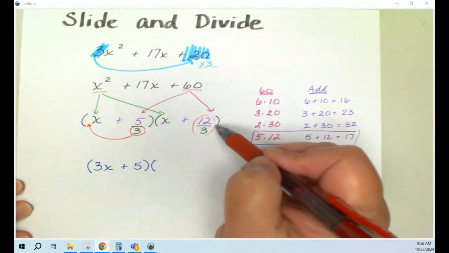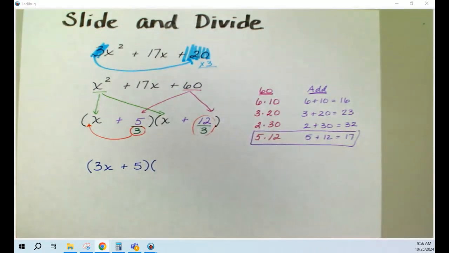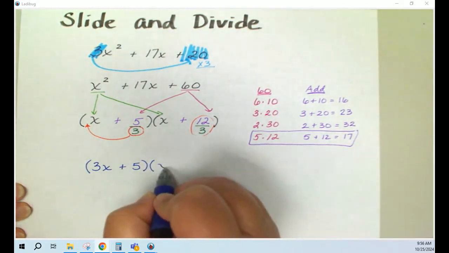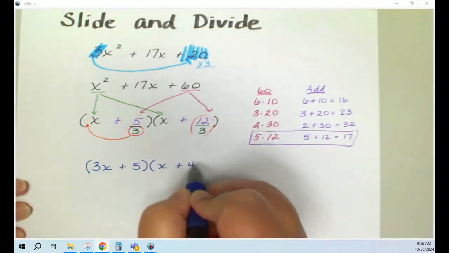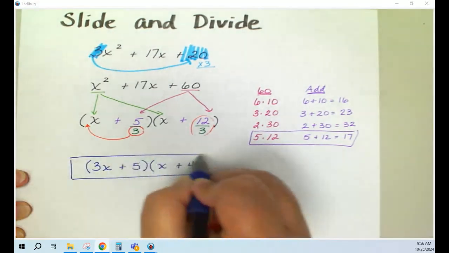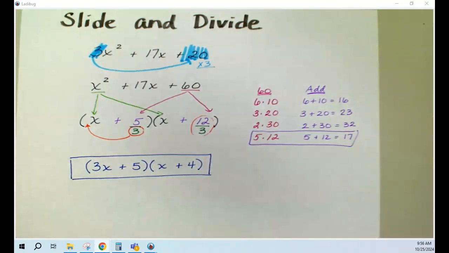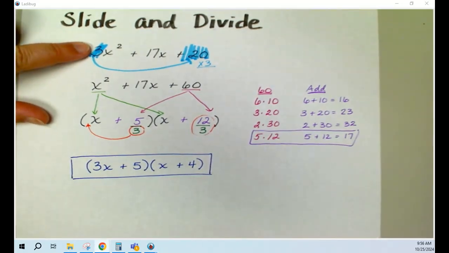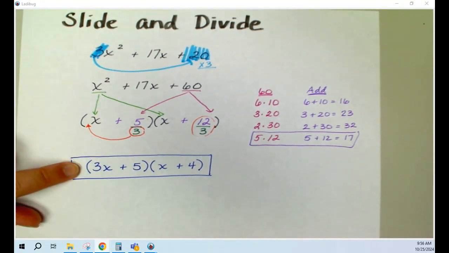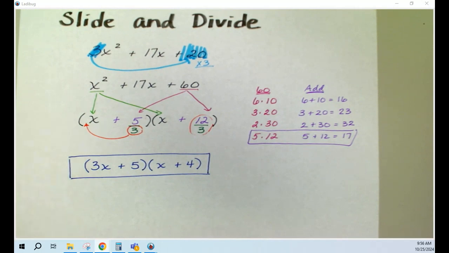But notice that 12 over 3 will divide out to a nice whole number. And so that's going to be a plus 4. So we get x plus 4. And we now have our factored form. So our 3x squared plus 17x plus 20 is going to be 3x plus 5 times x plus 4 factored. And this is your slide and divide approach.